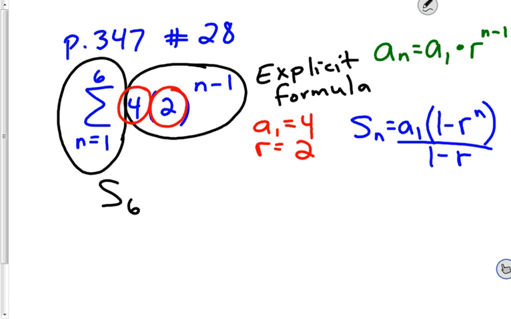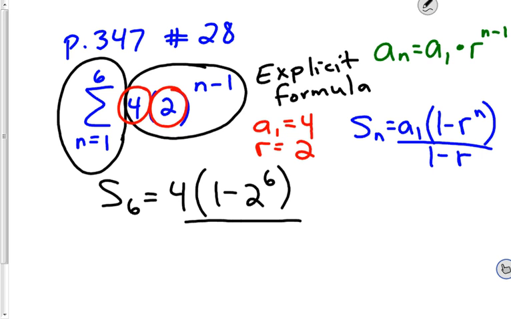Okay, so equals a sub 1 is 4, times 1 minus 2 raised to the nth power, 6, because of that number right there, all right? Close that off, and then 1 minus 2 on the bottom.